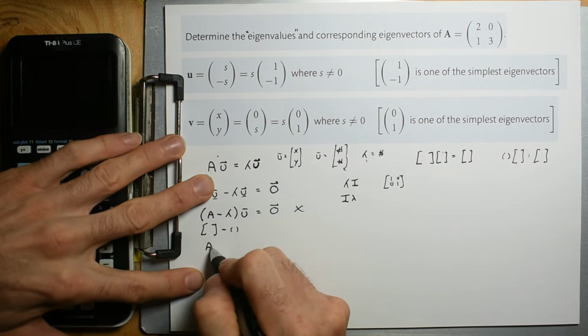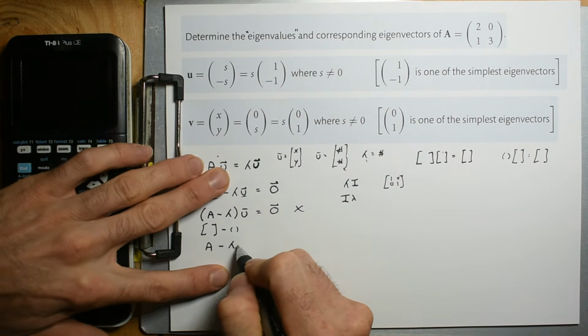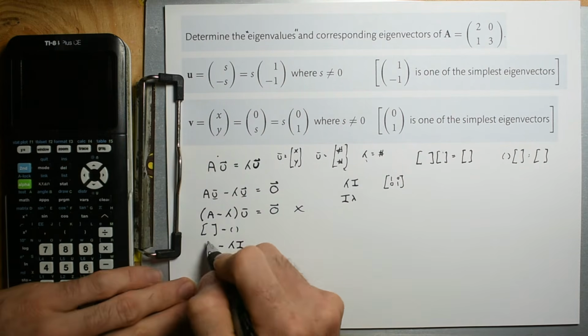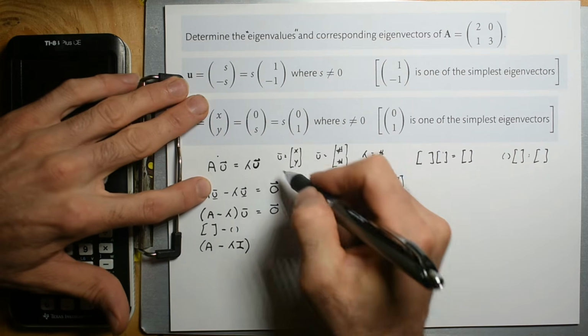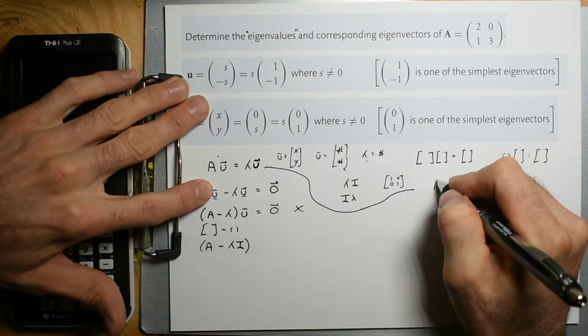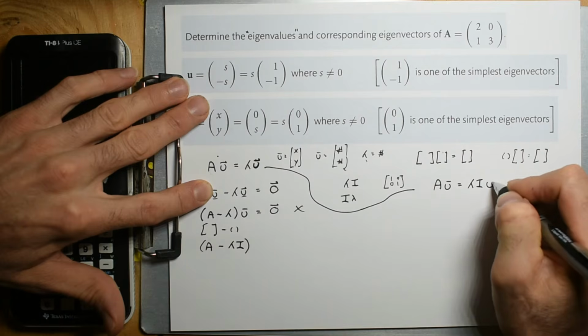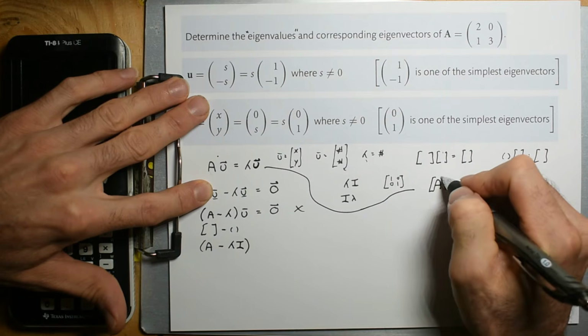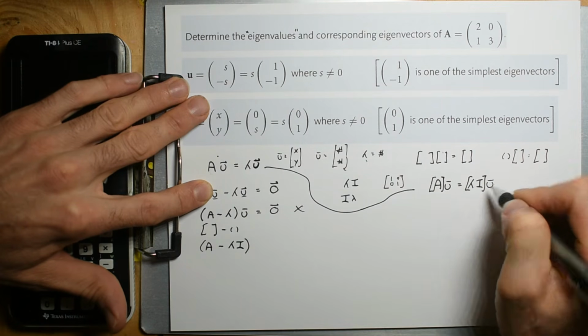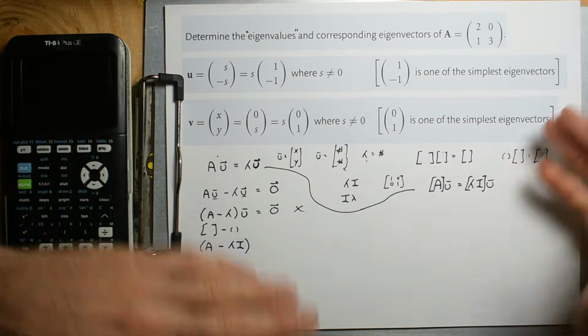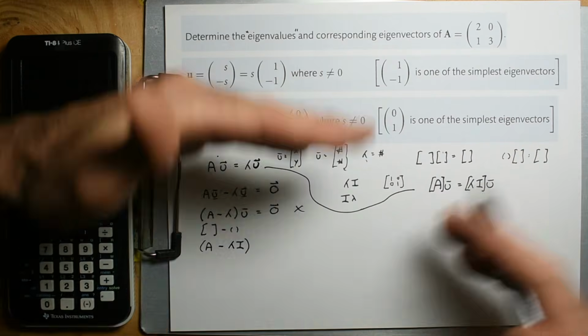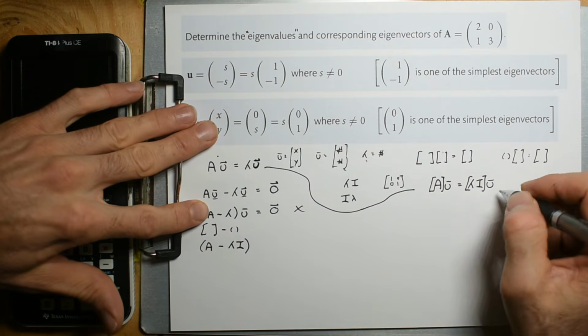So we're going to take A minus this scalar times the identity. You would have done that at this step: you would say AU is equal to this times the identity of U. So now this matrix right here is the same as that matrix, and we can start adding and subtracting both sides of the equation.